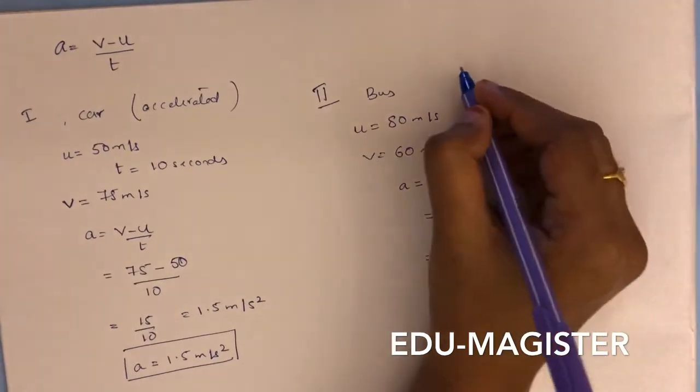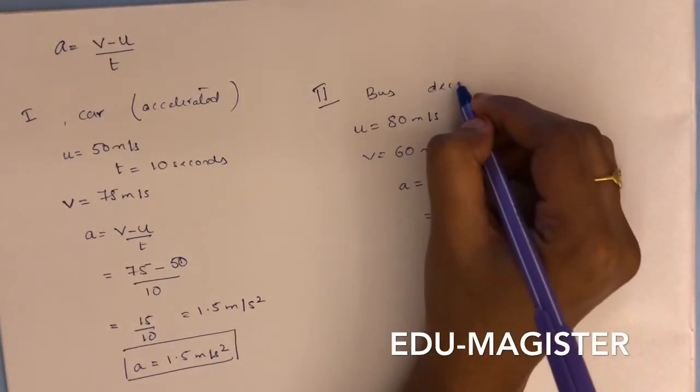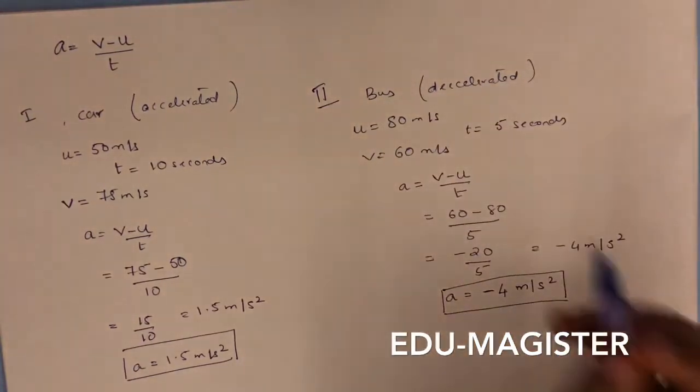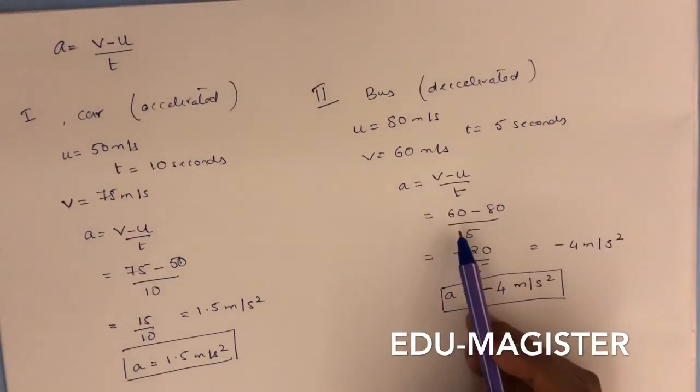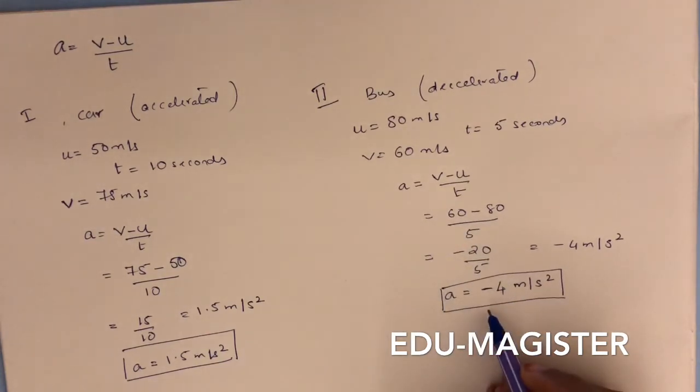Here the driver must have applied the brake, that is, the bus decelerated. So deceleration happened. We had a final velocity smaller than the initial velocity. Thus we got acceleration as a negative number.